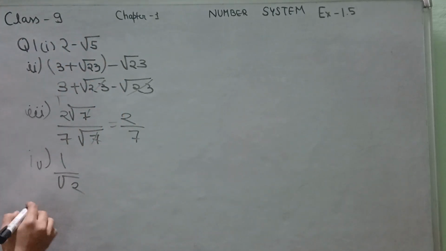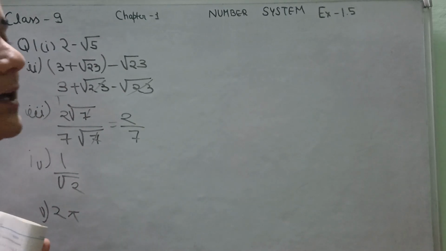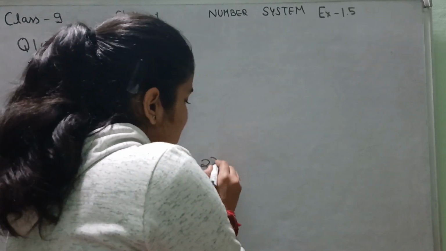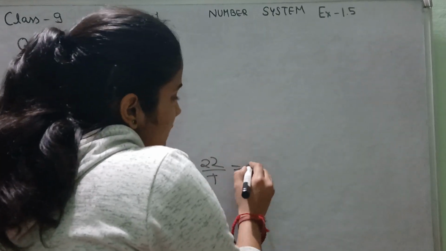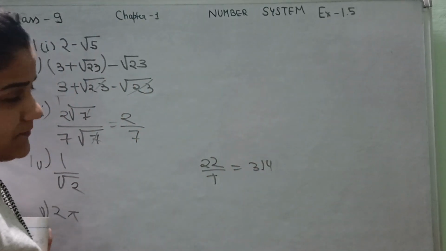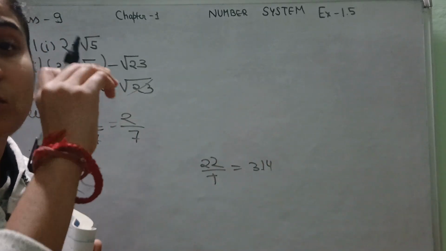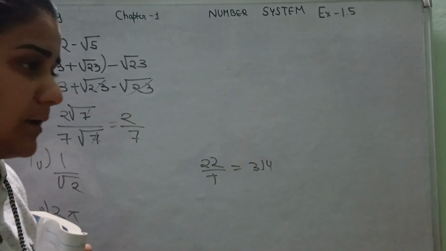Coming on to the fifth question, 2 pi. You know what pi is? Pi is taken as 22 upon 7. It can also be written as 3.14. But when we divide it further, it is an infinite number which is non-repeating and non-terminating.